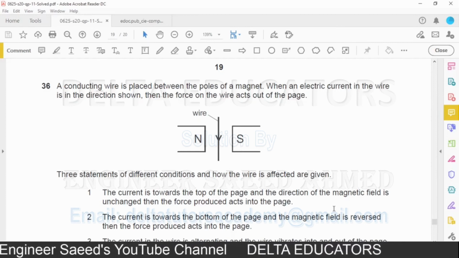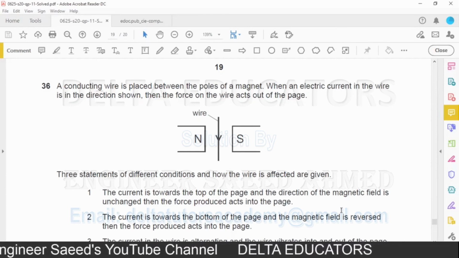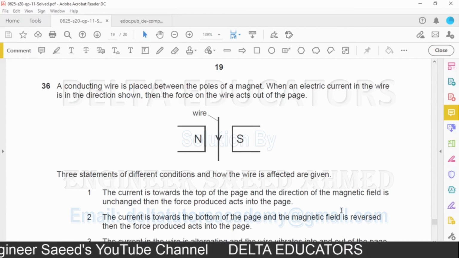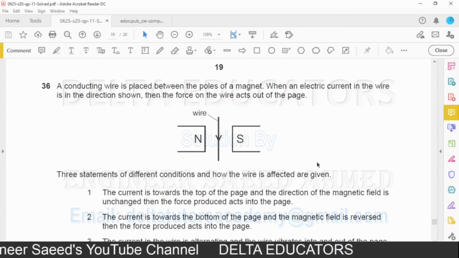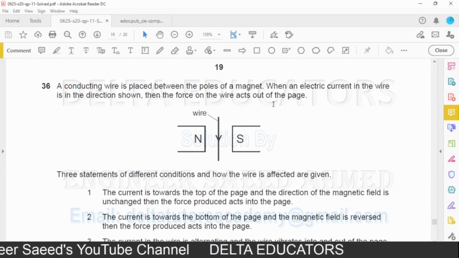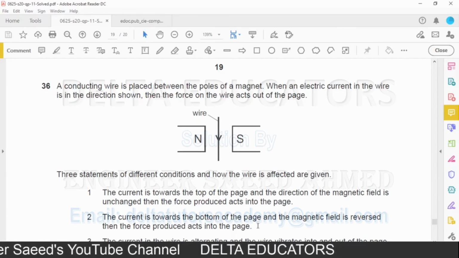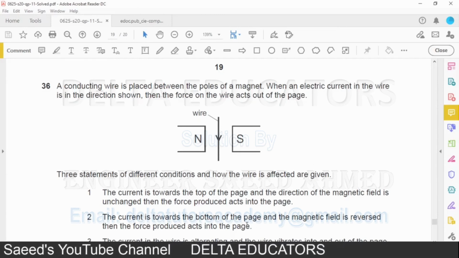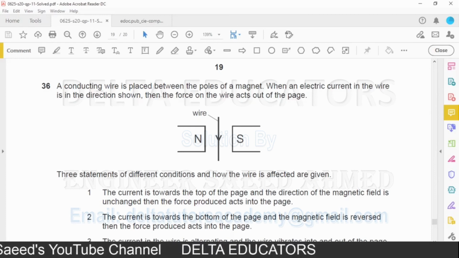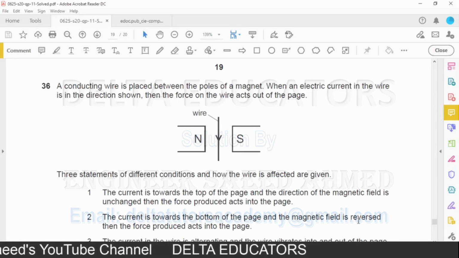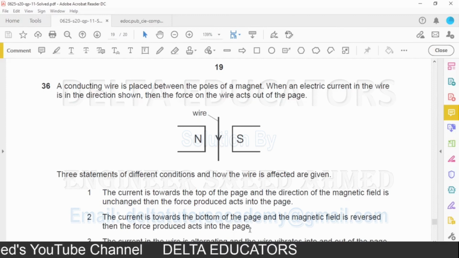Here we have reversed the magnetic field, so again the force will also be in the reverse direction. Before the force was out of the page, now the force will be into the page. The same thing is given here: the magnetic field is reversed, then the force produced acts into the page. So this point is also correct.